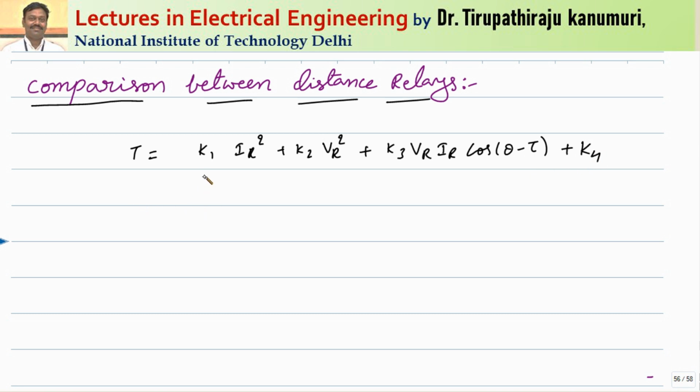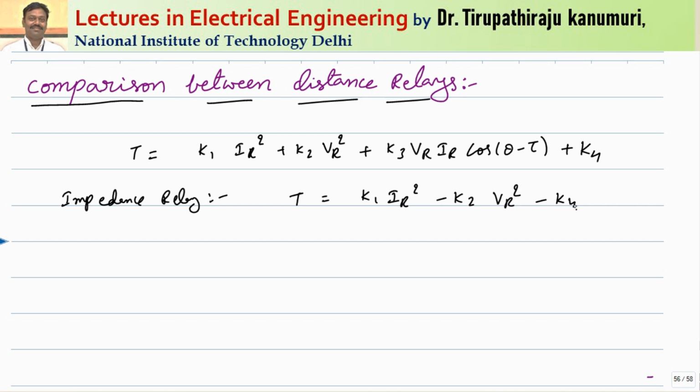So out of these things, depending on which parameters you are making positive, negative or 0, different types of relays come. So the first relay we have seen is the impedance relay. For the case of impedance relay, the torque equation is given by K1 IR square minus K2 VR square minus K4.